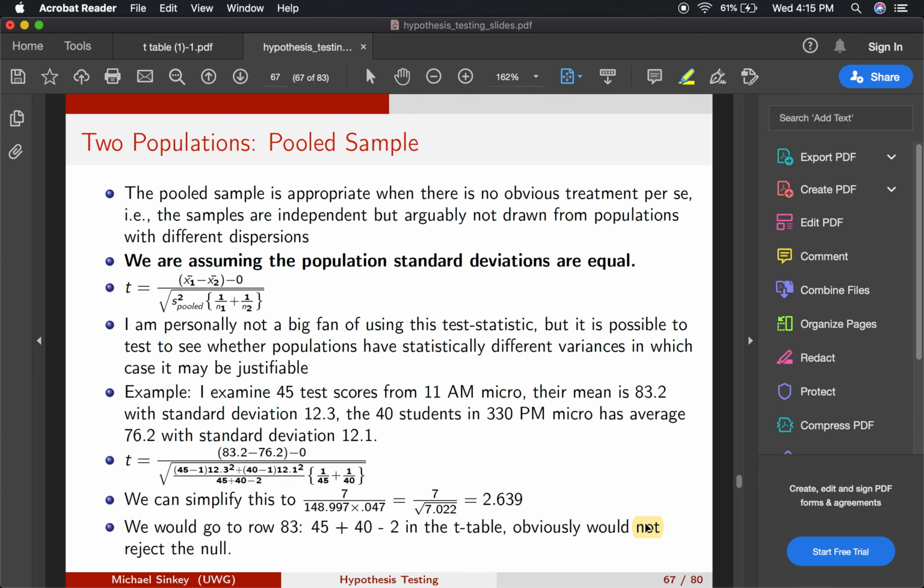I'm just going to highlight it here. And we will reject the null, so 2.639.